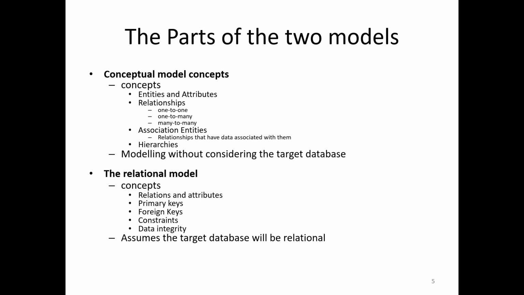Now, the assumption in conceptual modeling is that it does not consider the target database. But when we are dealing with relational modeling, it assumes that the target database will always be relational, having some sort of relation among itself.